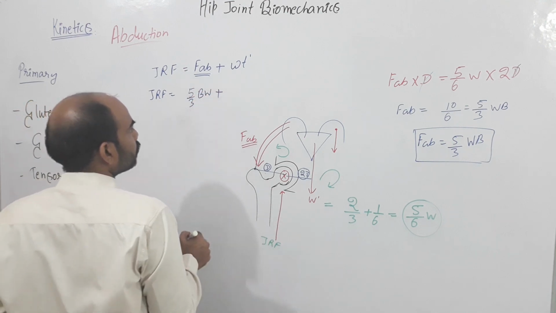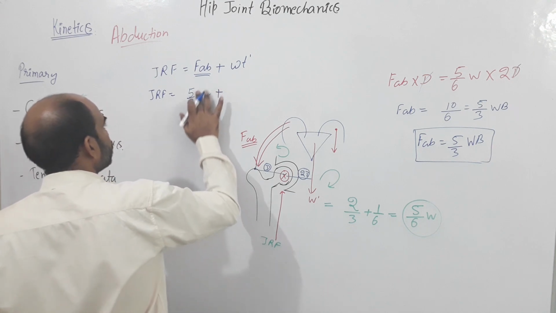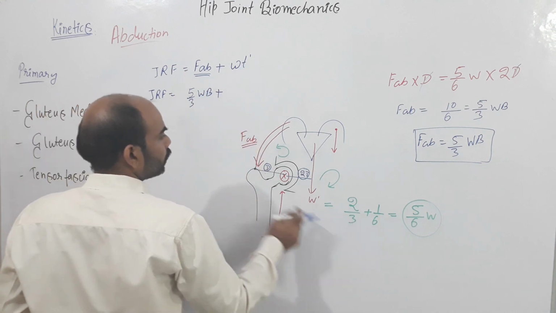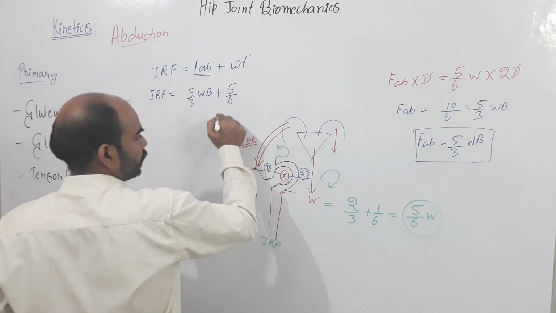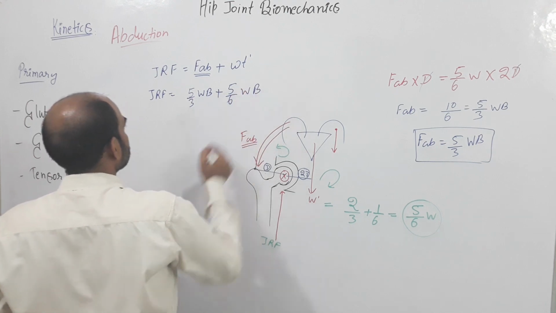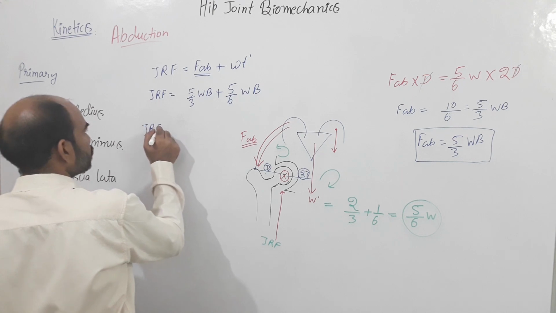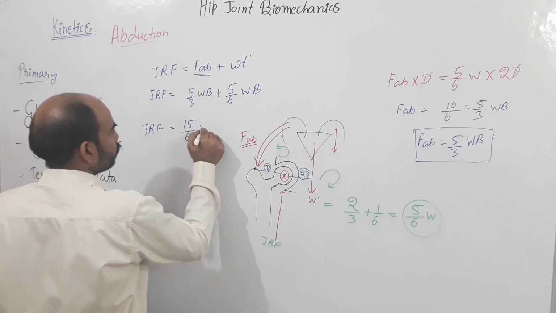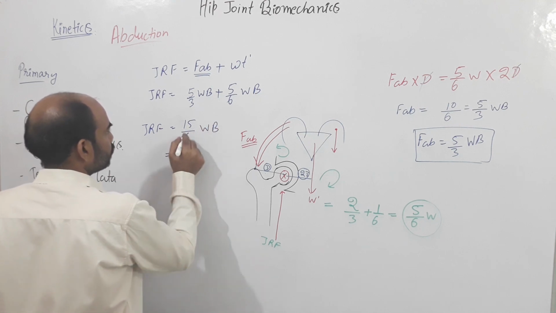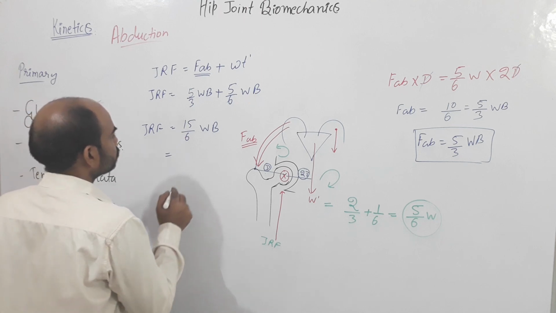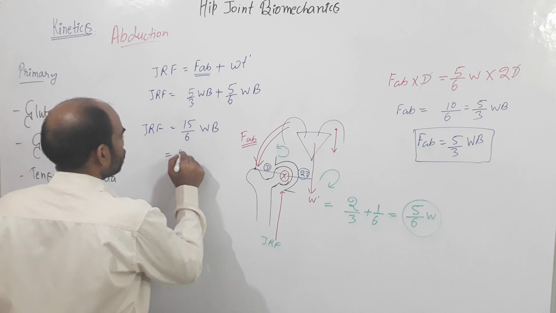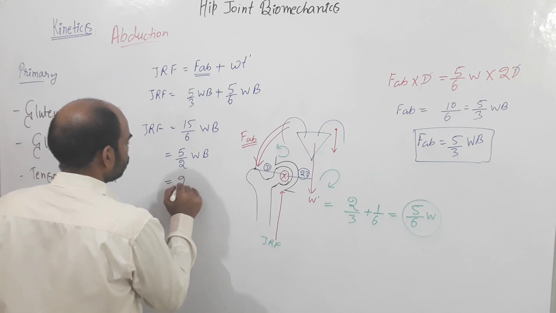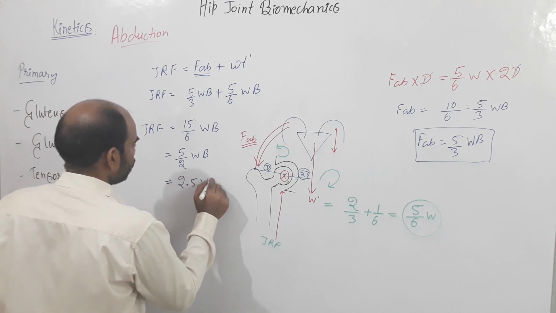Plus the weight, which is 5/6 of the body weight. So the joint reaction force is equal to 15/6 of the weight of the body, which is 2.5 times the weight of the body.